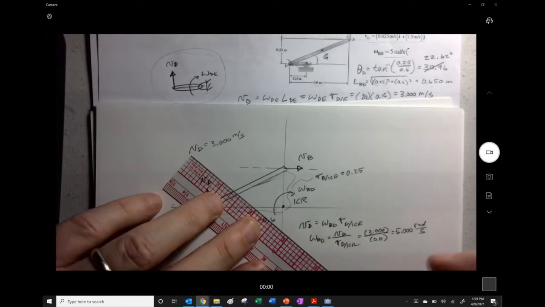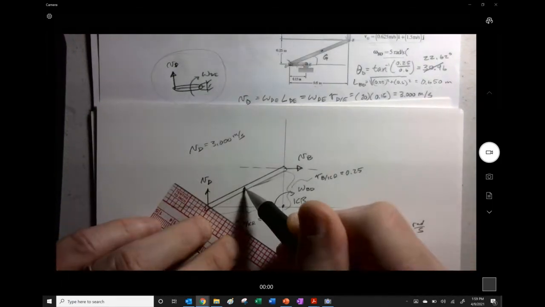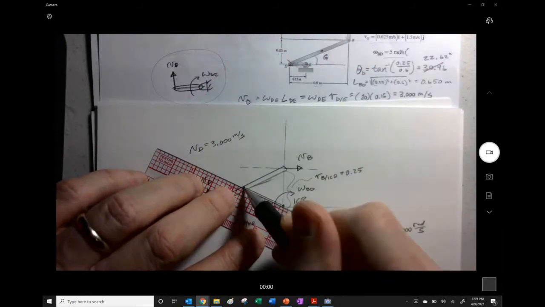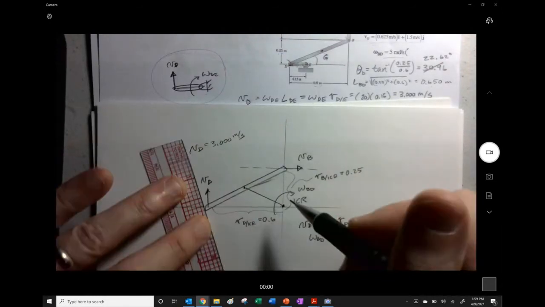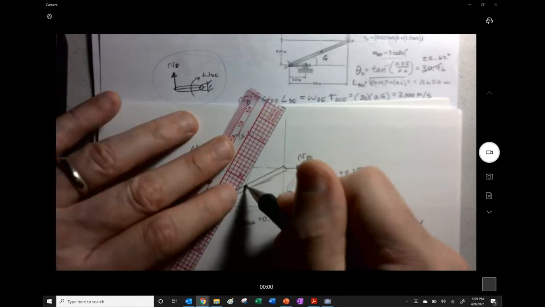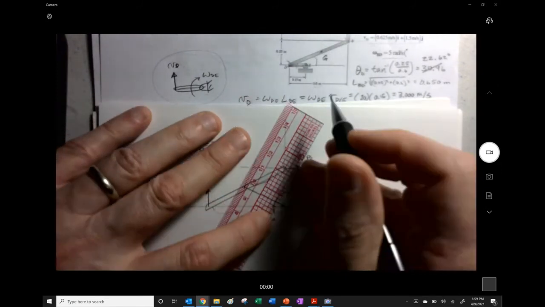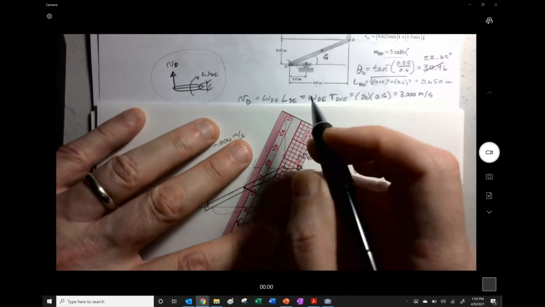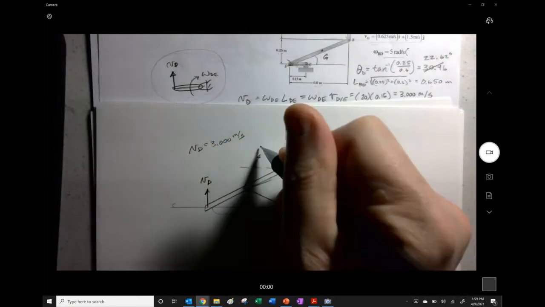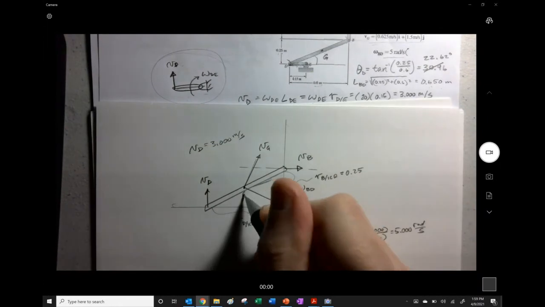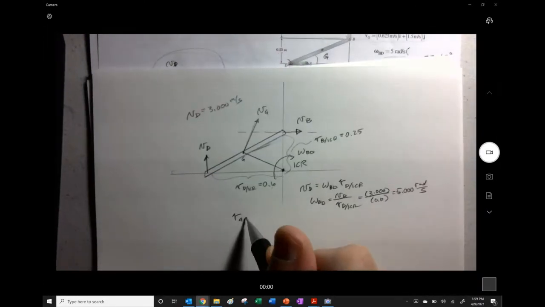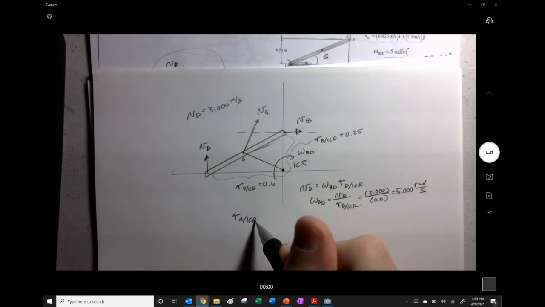And then if we want to get this distance right here, so we actually want to get this velocity. Let's get a little bit more careful than that. I'll try to make it look perpendicular. It wasn't that bad. This is going to be the velocity of G. So we want to get what RG with respect to ICR is going to be.